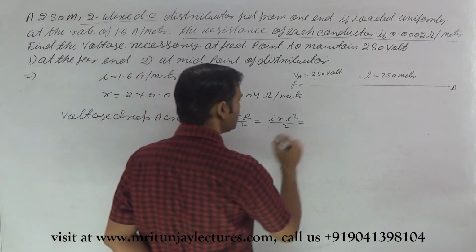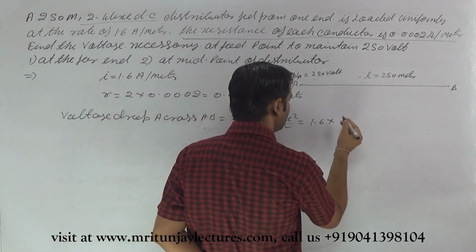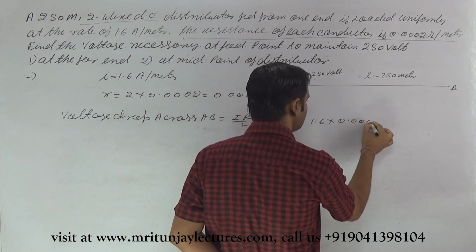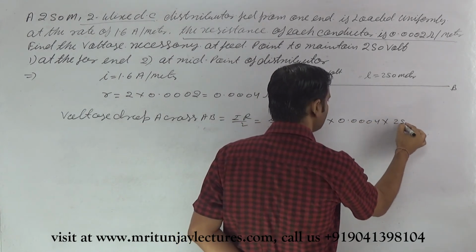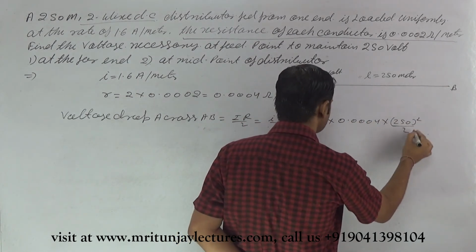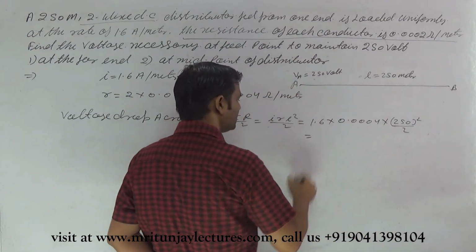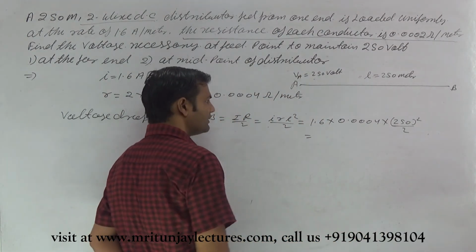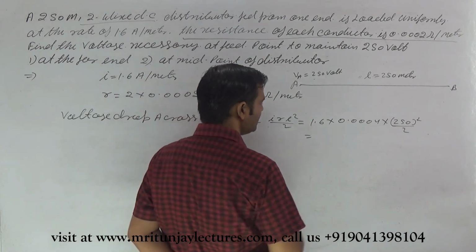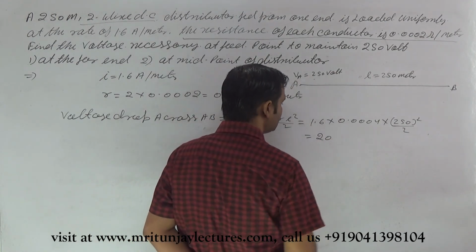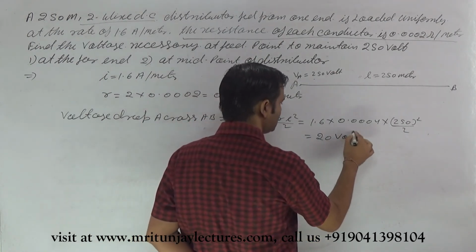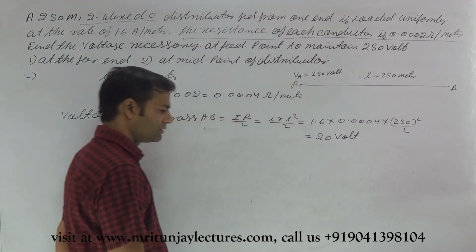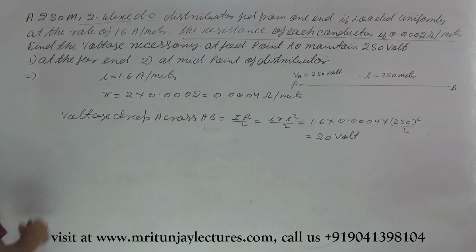I is 1.6, R is 0.0004 and L is 250, squared, divided by 2. That is 20 volt.